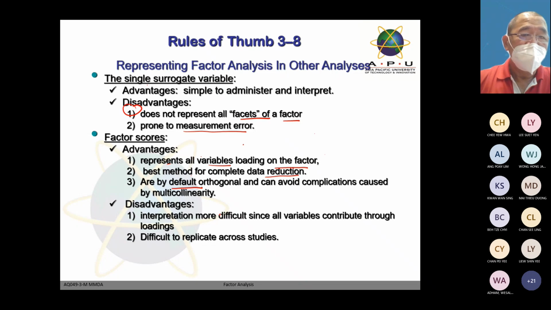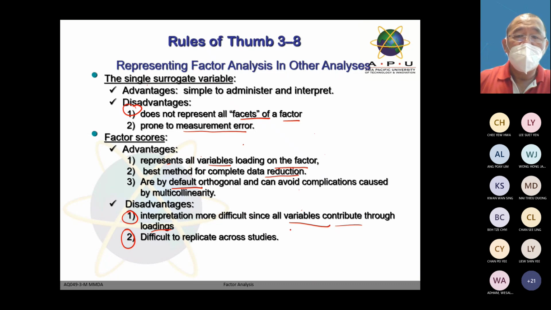But the problem is that it is difficult to interpret, like what a friend mentioned just now, because you combine all the variables, and all the variables contribute through the loading on the factor. It is also difficult to replicate across studies.